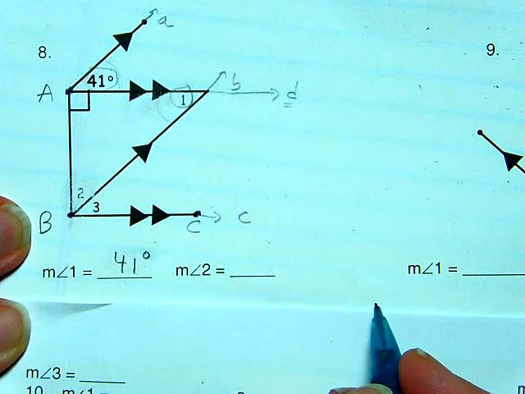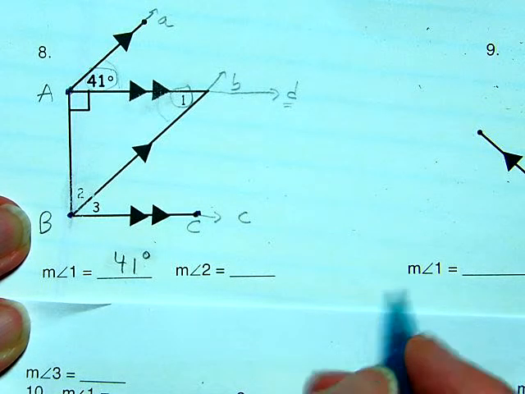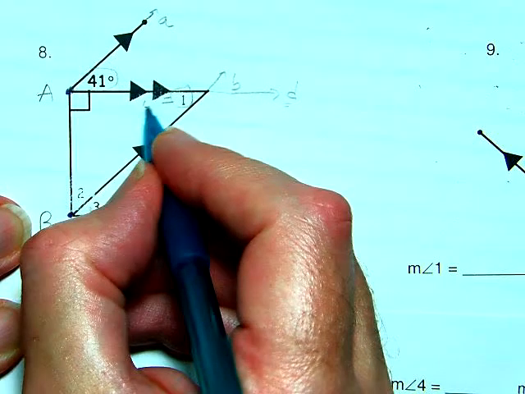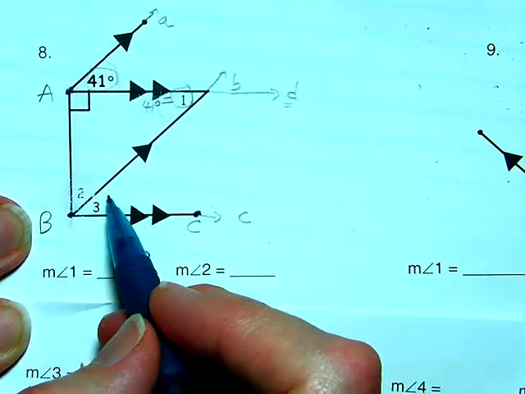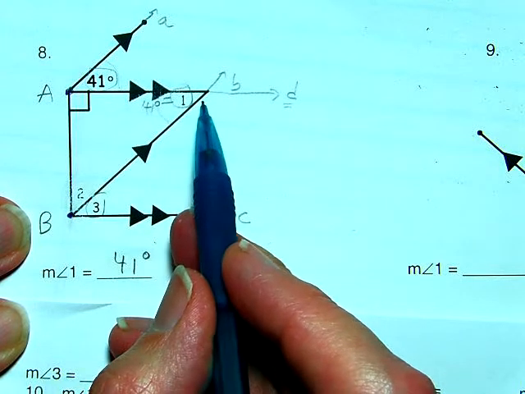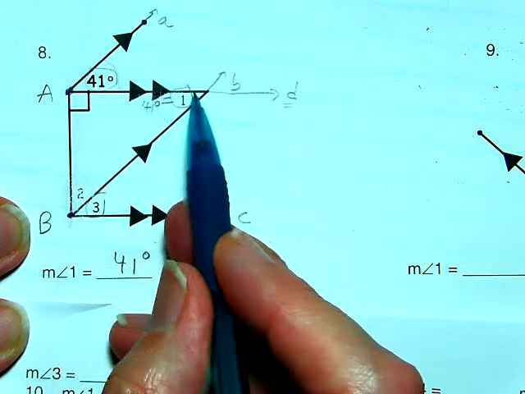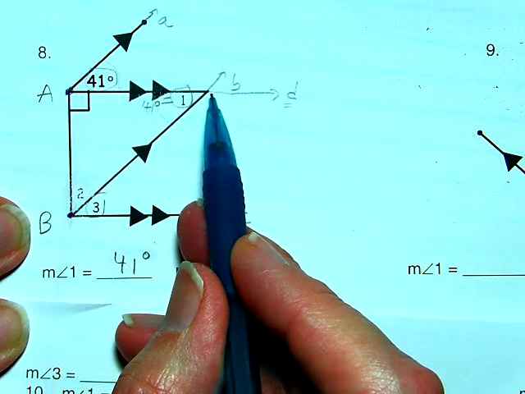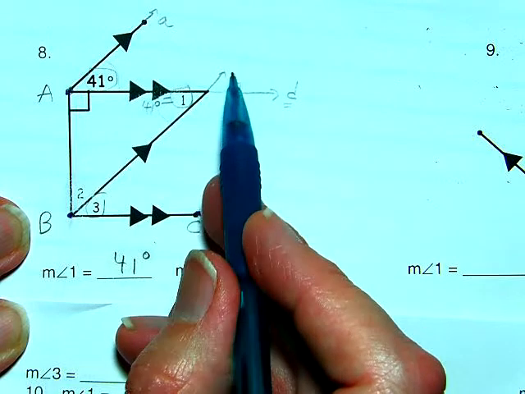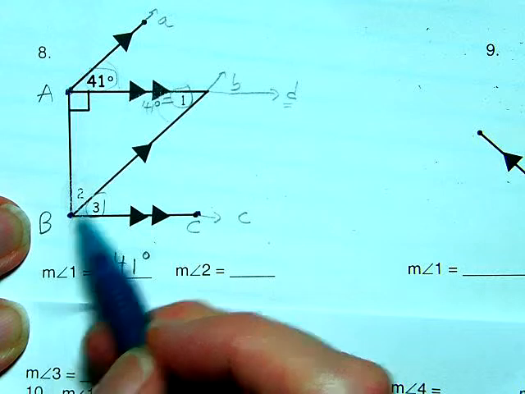Okay. Now, what is another relationship that we can see? So now we know angle 1 is 41 degrees, and if we look at angle 3 and angle 1, what we'll notice is that there is a relationship between these two angles. Angle 3 and angle 1 share the same transversal, which is line B. As B cuts across C and D, it creates both angles 1 and 3.